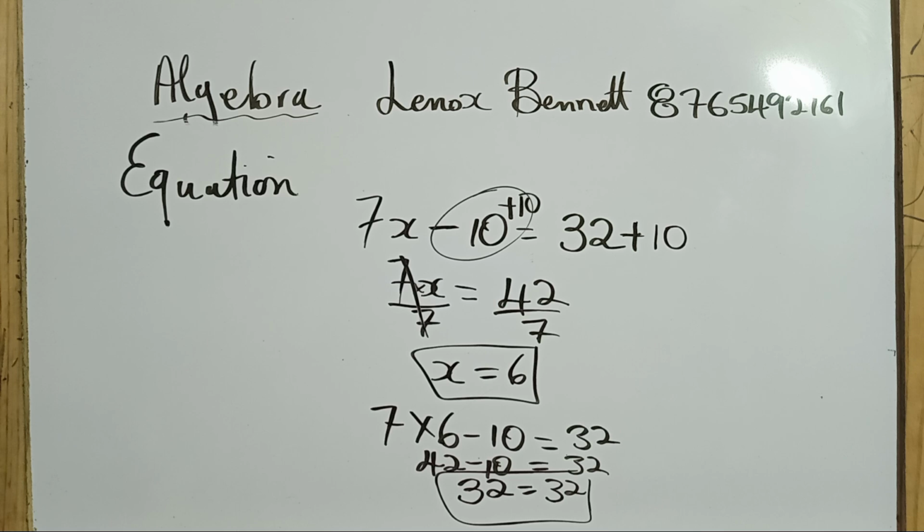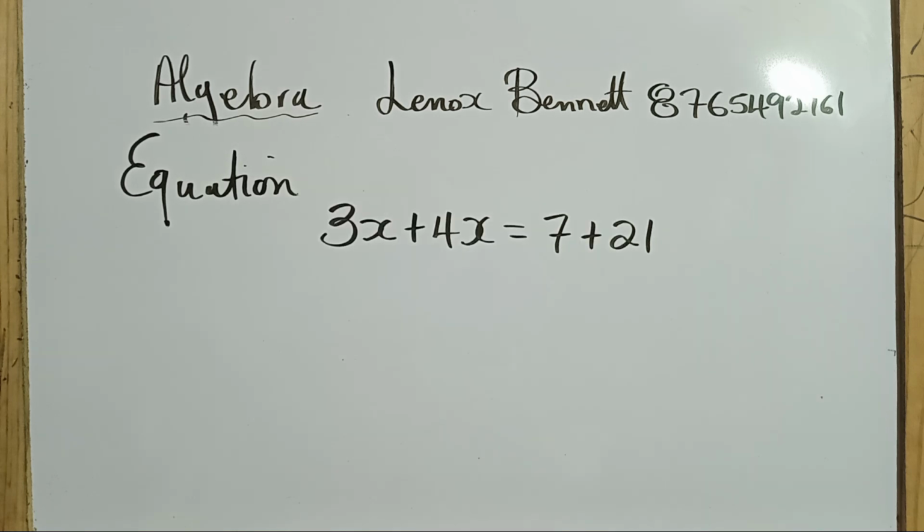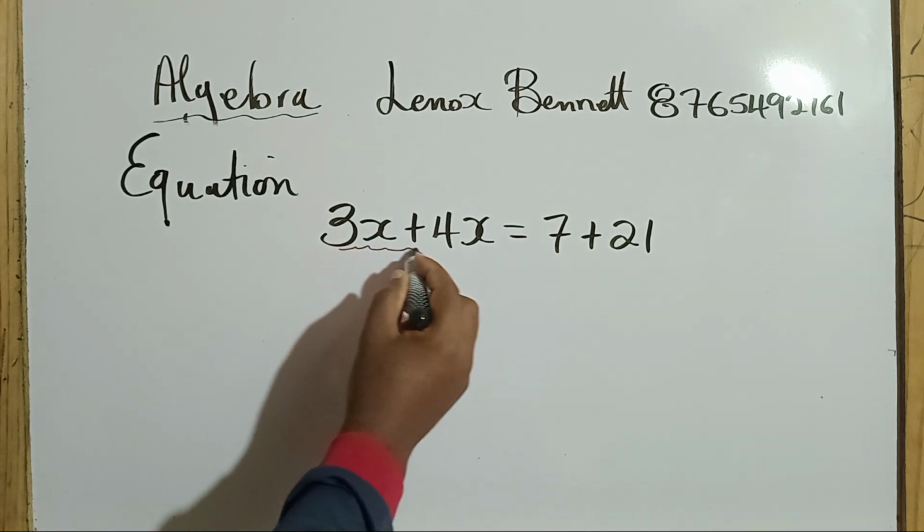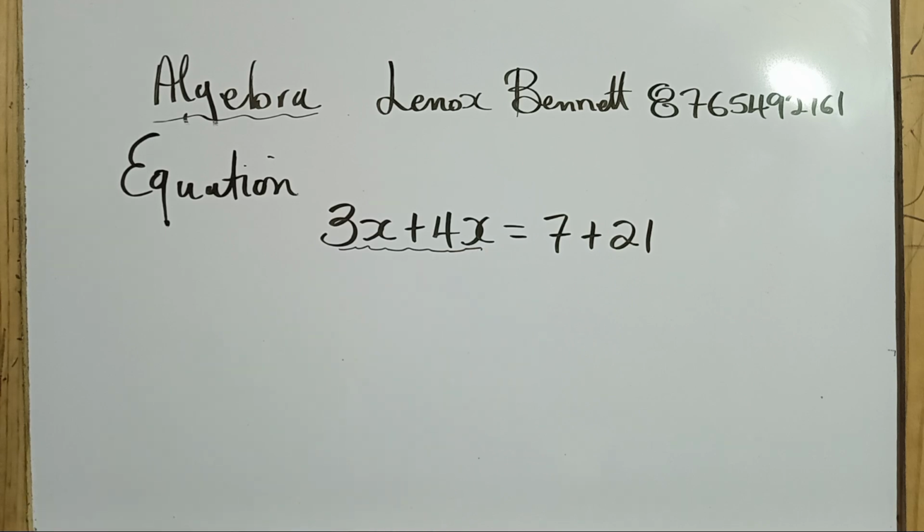Let's look at another one. All right, so we have 3x plus 4x is equal to 7 plus 21. Now, this one is a little bit different in that we have all x terms here. So these are both x terms. Now, the first rule in algebra is that we can add like terms, meaning the same letters.